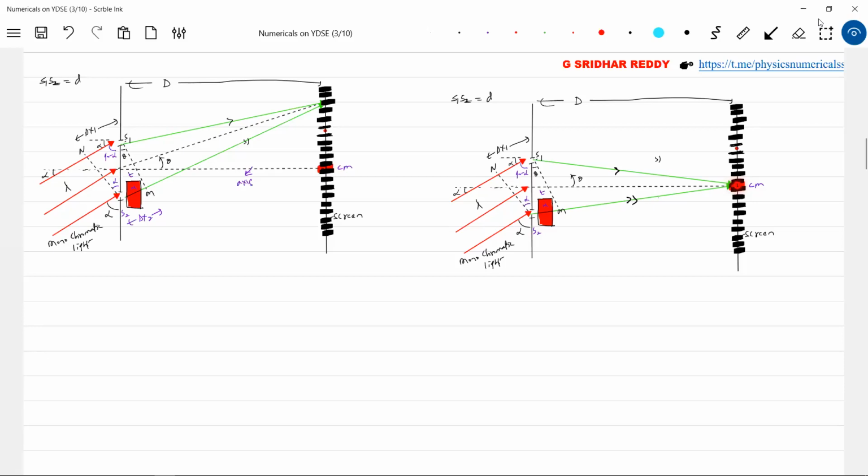Are you able to understand? I think we had a discussion of this kind in the previous class. Once again, I'm putting that one. What is the basic necessary condition?